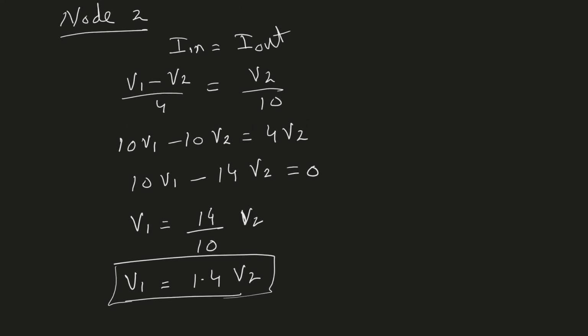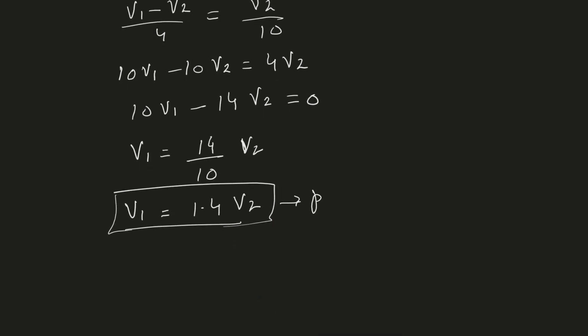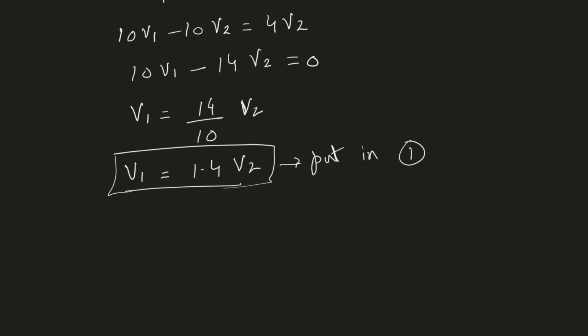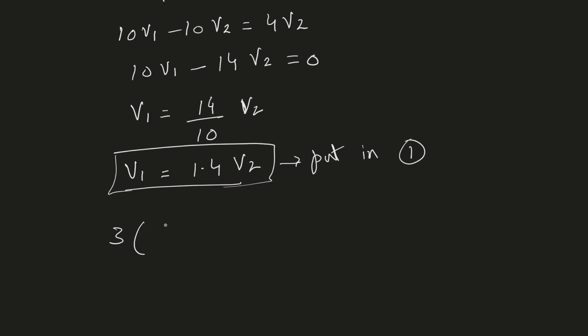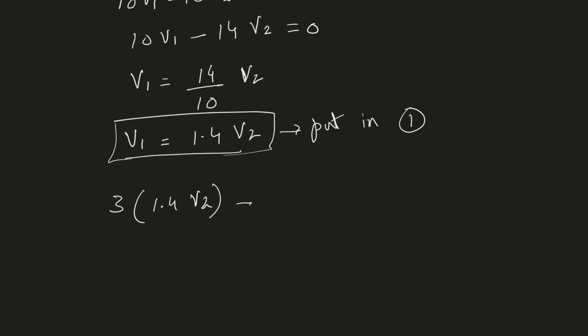And now I can put this value of V1 in equation 1. So if we do that, my equation 1 is 3V1, so I will have 3 times 1.4V2, and then we have negative V2 equals 28.